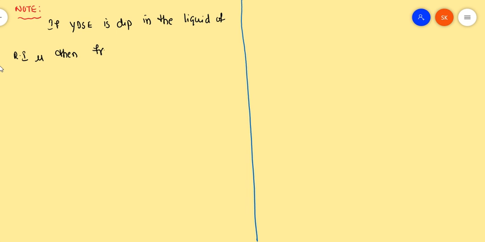fringe width and angular fringe width decreases.